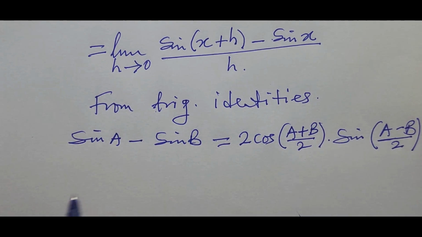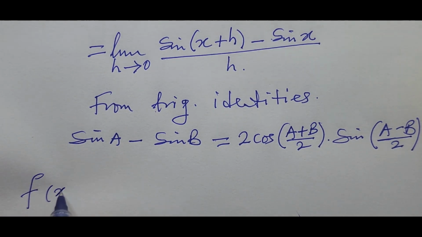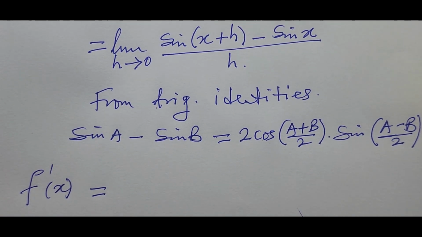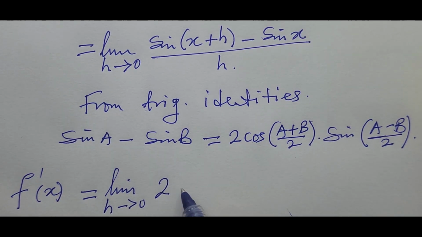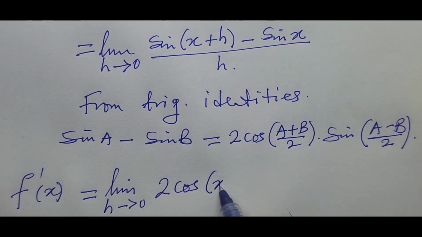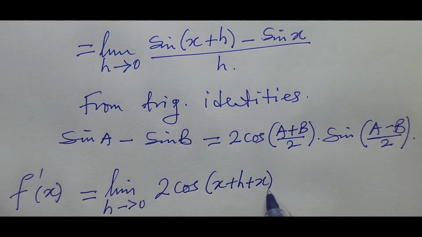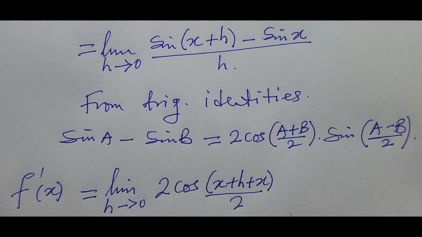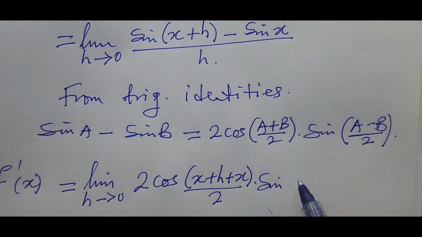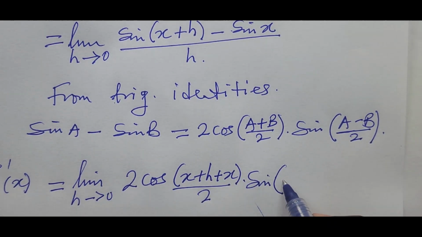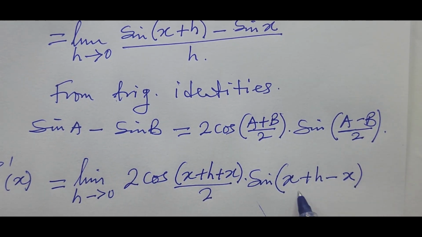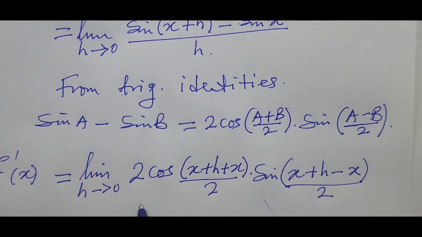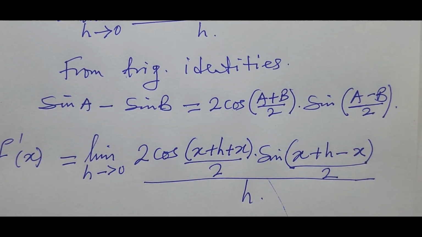Rewriting this, f prime of x will now be equal to the limit as h tends to 0 of 2 cos bracket x plus h plus x, close bracket, all over 2, times the sine of bracket x plus h minus x, close bracket, all over 2, everything all over h.